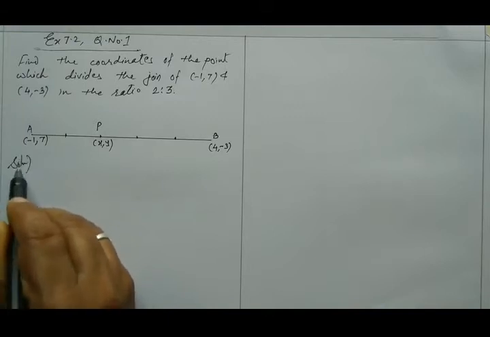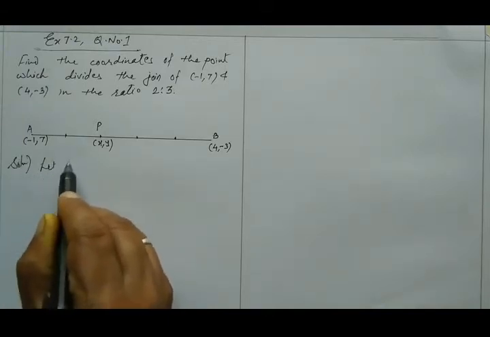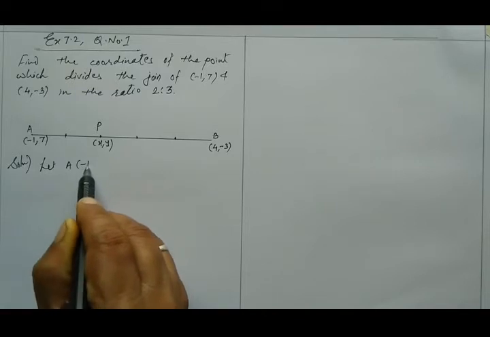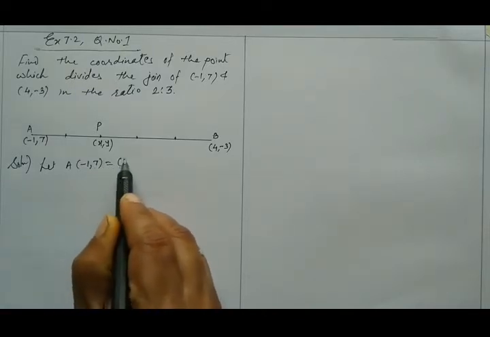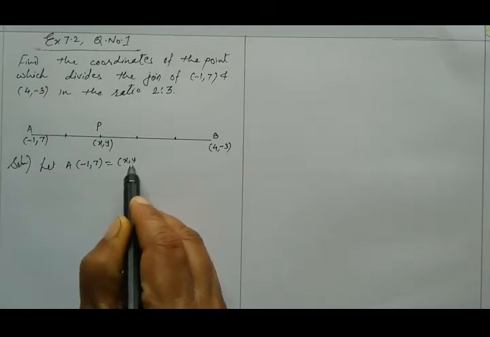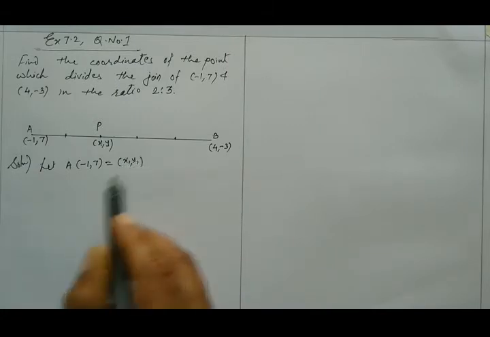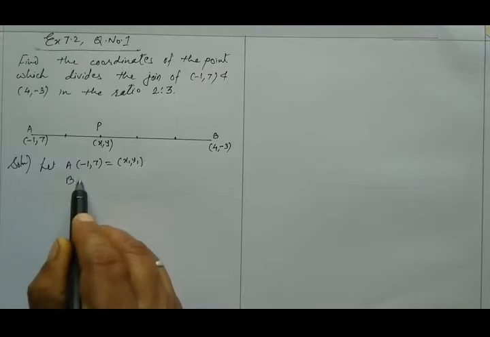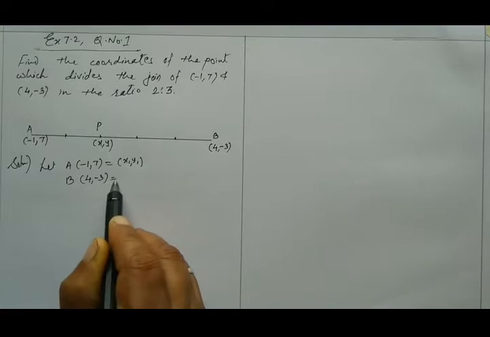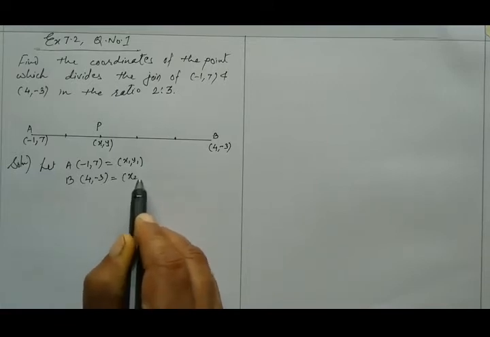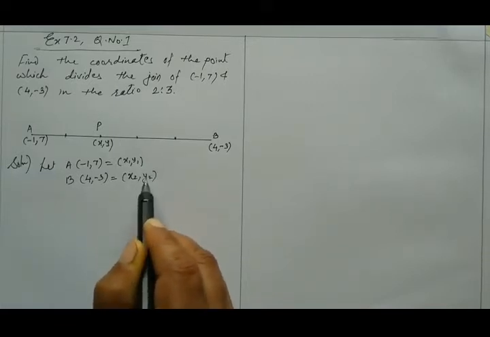Let A(-1, 7) equal to (x1, y1), B(4, -3) equal to (x2, y2).